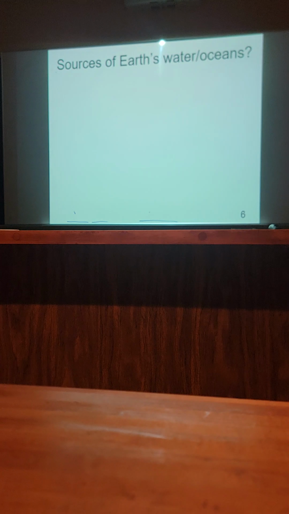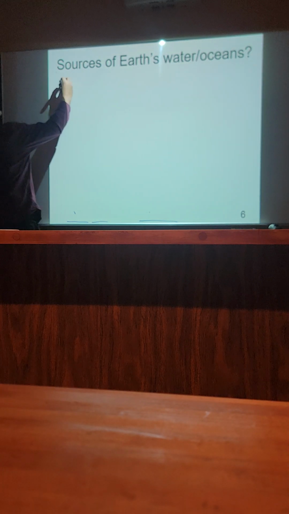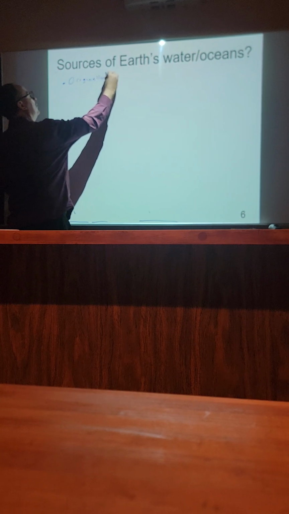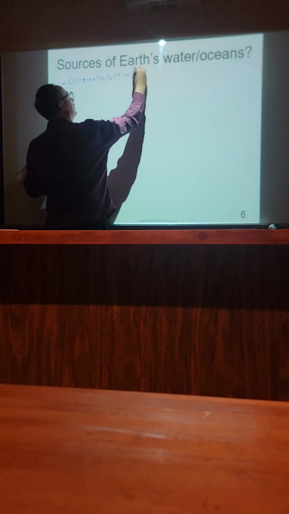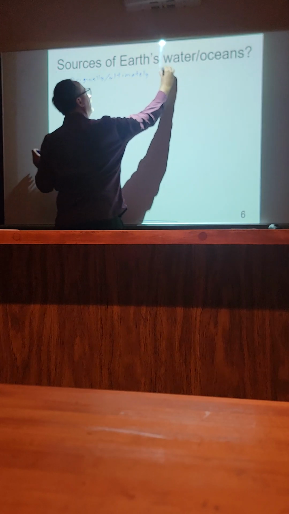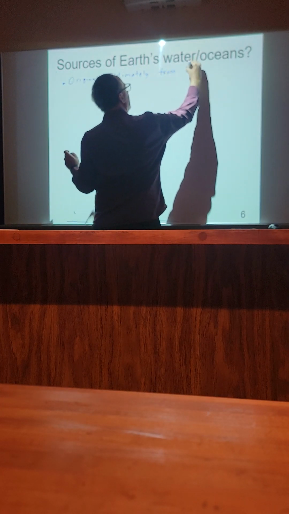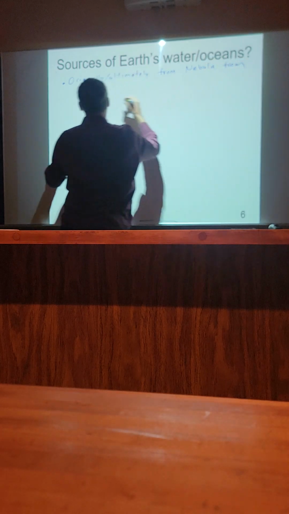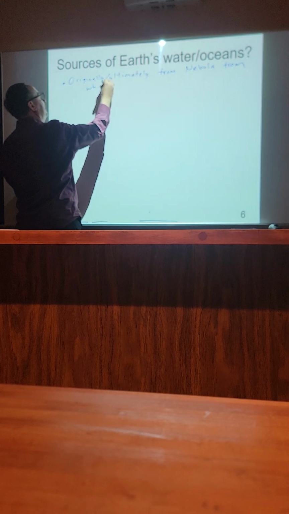All right. So the sources of Earth's water and ocean, ultimately, originally, from the nebula from which the solar system originated.